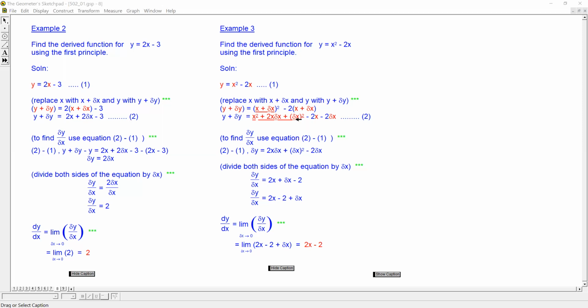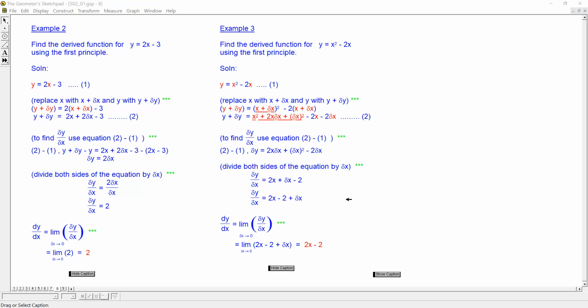Then here, delta x squared stays, because there's no delta x squared in the first equation. 2x and 2x can cancel away because there is 2x in the first equation. So this one, minus 2 delta x. Now in general, all the terms that involve delta cannot cancel off. All the terms that have no delta, they can cancel off.